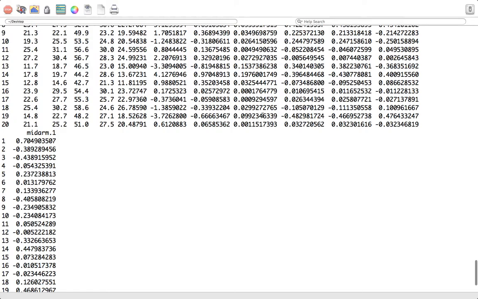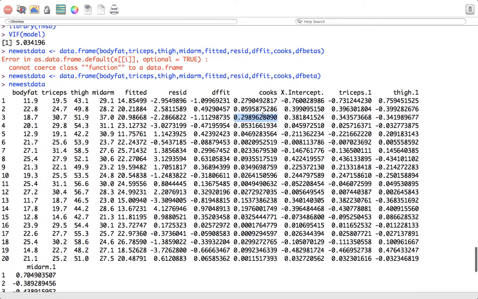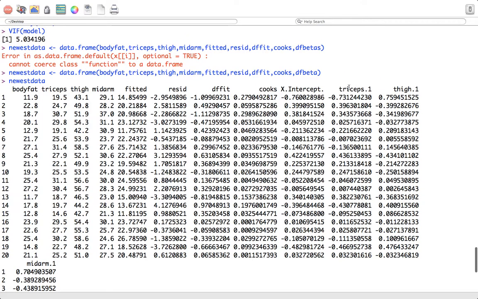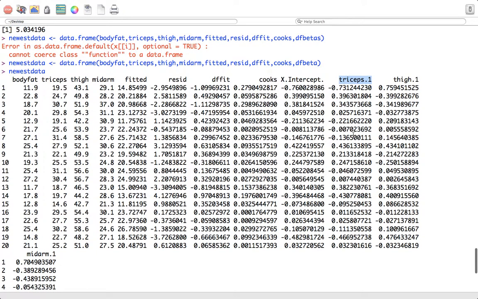I've got another one down here. No, that's the DF betas. All right, guys, the DF betas, something we just looked at. This is the DF beta for the x-intercept. Not the x-intercept, but the y-intercept. But triceps, thigh, and mid-arm, these are the DF betas that I am most concerned with. And guys, our threshold on the DF betas with a small data set was equal to 1.